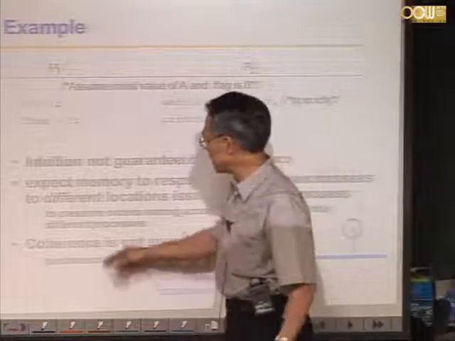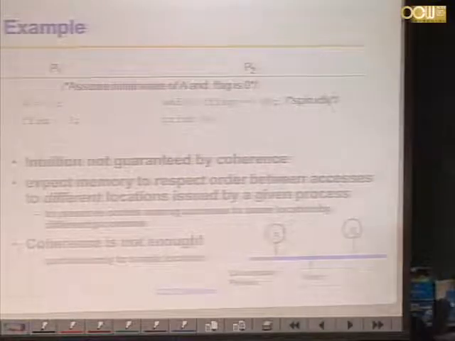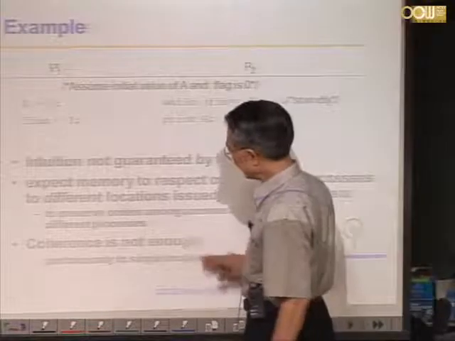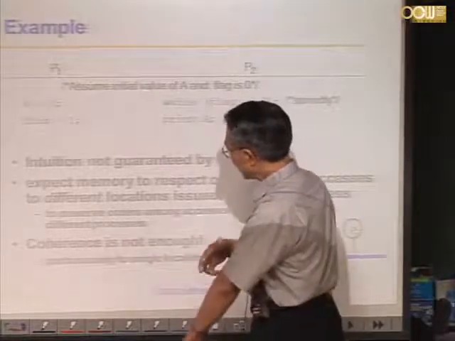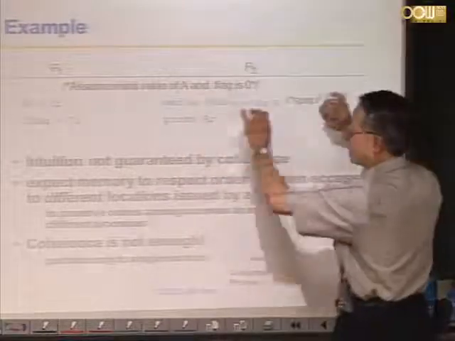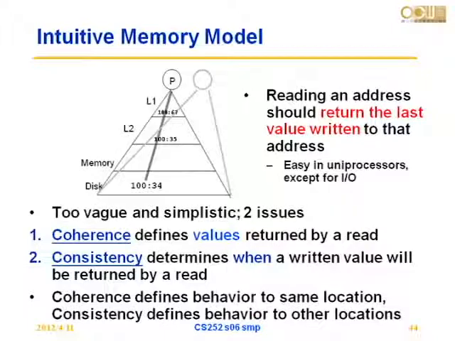And coherence is such a design. Coherence, here it says, is not enough because coherence guarantees only a single location value can be seen throughout. Okay, so let's go on.